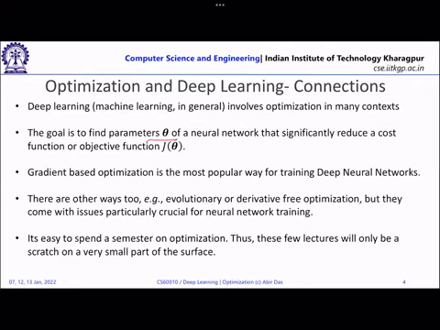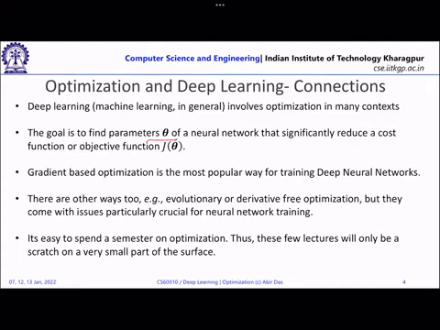So this is, again, a very brief description of the connection between optimization and deep learning. Summarizing, optimization deals with minimizing a cost function, or maximizing an objective. If it's a maximization problem, then we sometimes call it an objective.